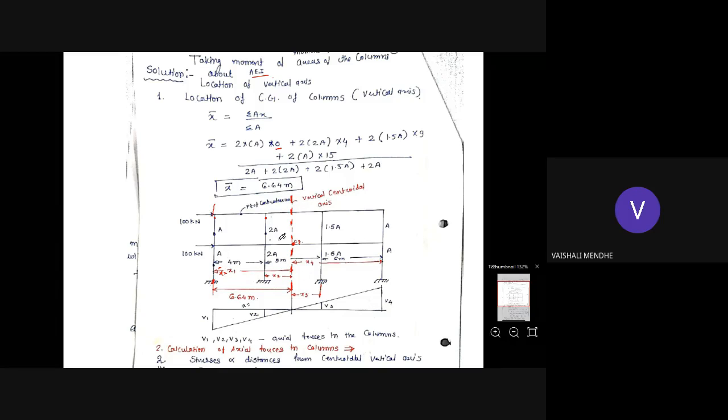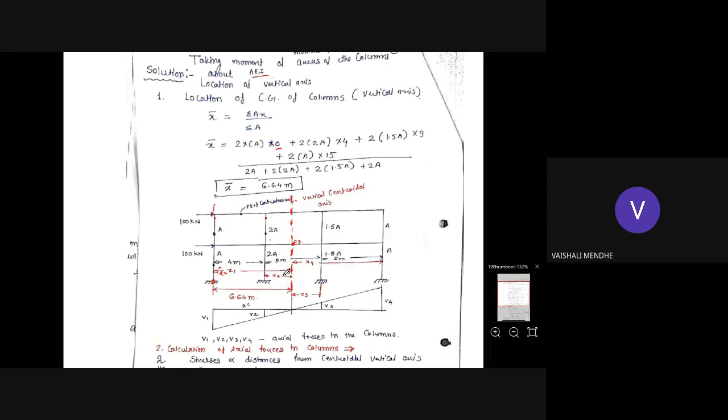Okay. So after locating x bar value, locate the values of x1, x2, x3 and x4 of each member from the centroidal vertical axis. So x1 equal to x bar, that will be equal to 6.64. Then similarly for the second column member of the frame, locate the distance of this second member from the centroidal axis.